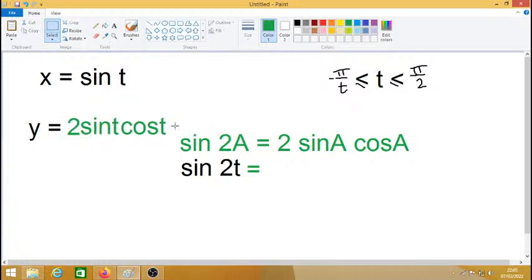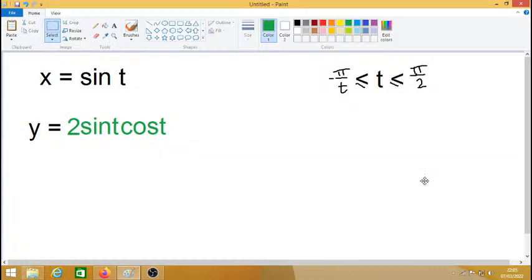Okay, now I think we are set to try and use the sine squared plus cos squared equation, but we just want to notice one thing. Here we've got sine t in this equation, but sine t is also x, so I can swap this sine t for just x.